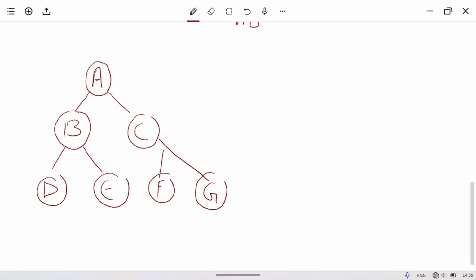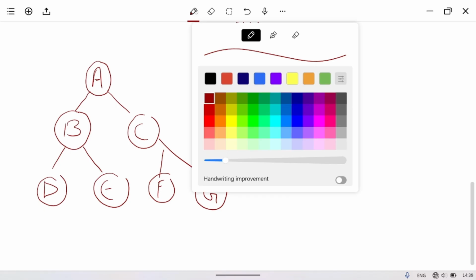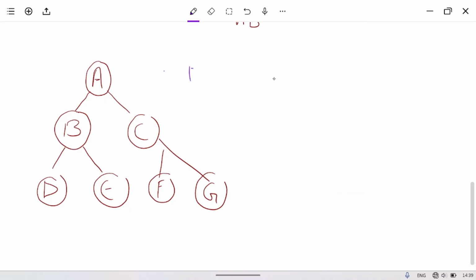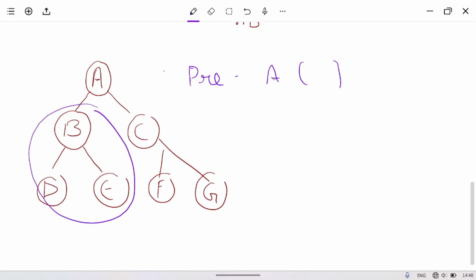So first I will write preorder. Preorder, what was the rule? Visit node A, then left subtree, and then for left subtree this is the node, then right subtree.